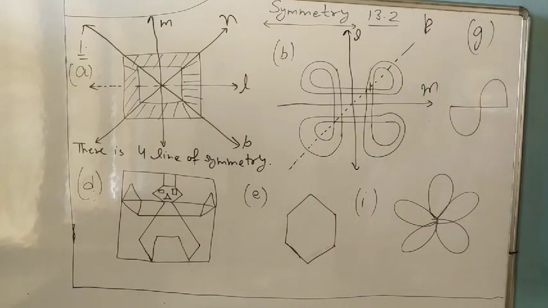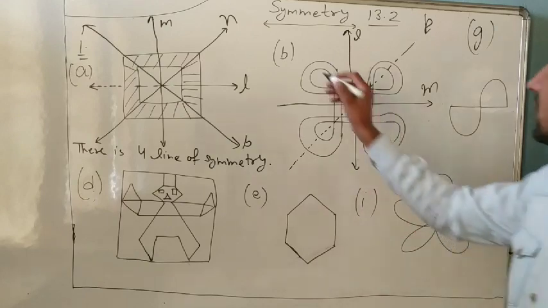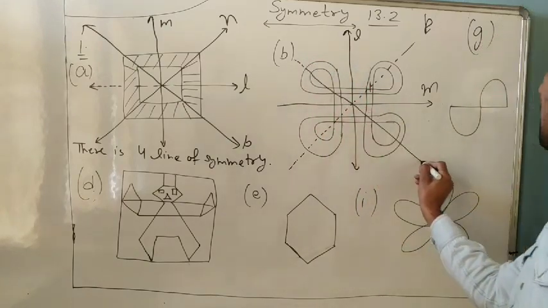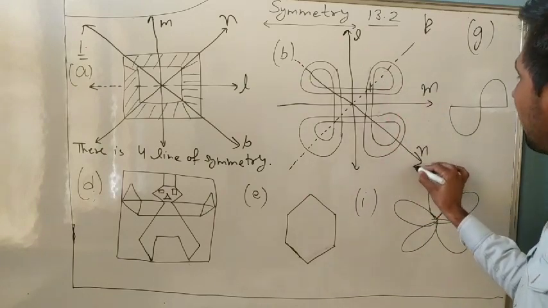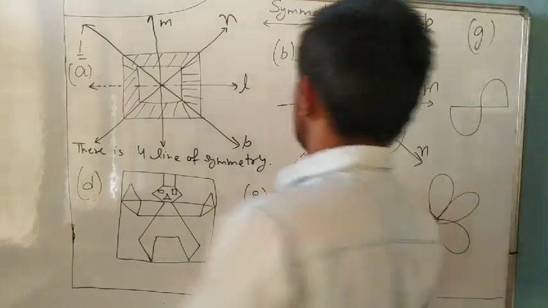LMNP. Same as it is. L, M, P. And next is this one, diagonally you can take. It is N. So how many lines of symmetry in this one also? You can write same as it is.